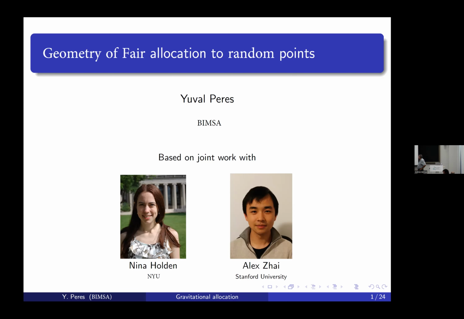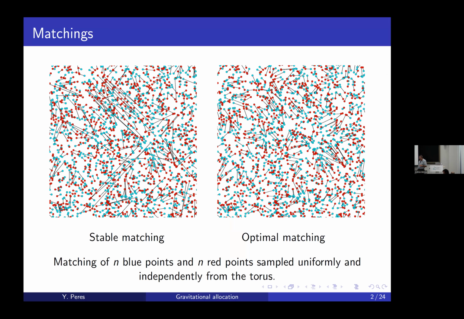The kind of questions we are looking at are really motivated by matching questions, but in the end, instead of matching points to points, we will be matching points to domains. But first, this is also a good perspective. Here are two pictures due to Andor Holroyd that compare.